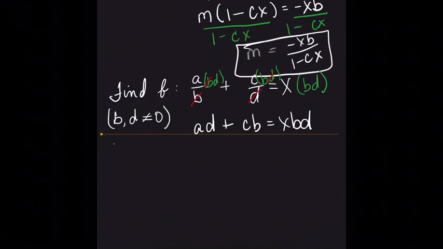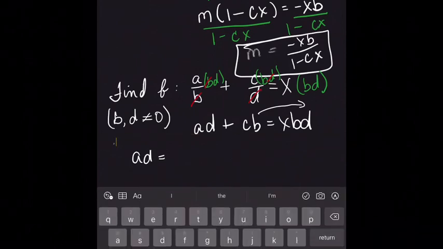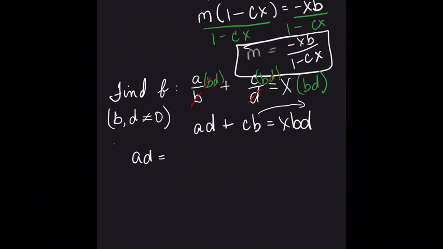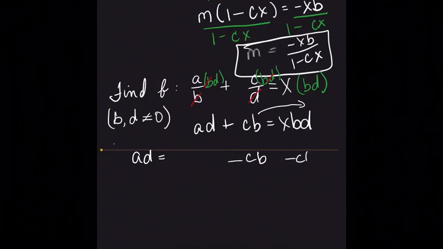And what are we solving for? We're solving for B. So at this point we have B in 2 terms. So I'm just going to bring my B over here. And I get AD equals, show my subtraction here, minus CB on both sides.